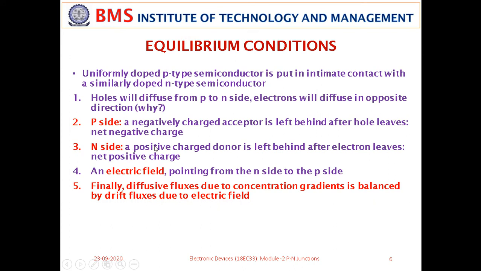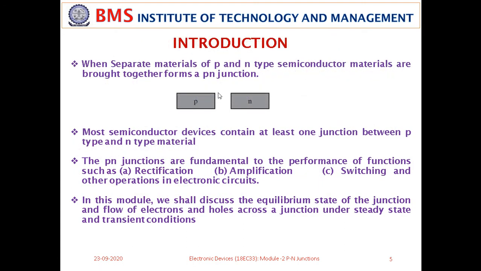So, on the n side you see a positively charged donor left behind after the electron leaves its position. So, net positive charge can be seen on the n side. In conclusion, once electrons leave their positions in the vicinity of the junction, net positive charge, positive donor ions, can be seen on the n side, and negative acceptor ions can be seen on the p side.